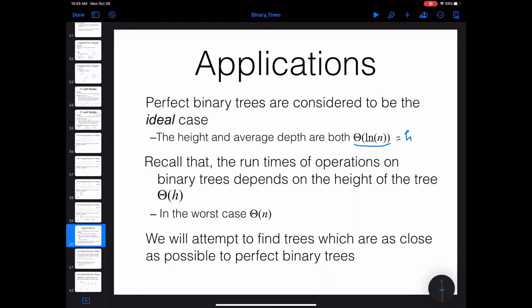So if I can create my binary tree to be like a perfect binary tree, I am going to avoid that worst case of theta of n.